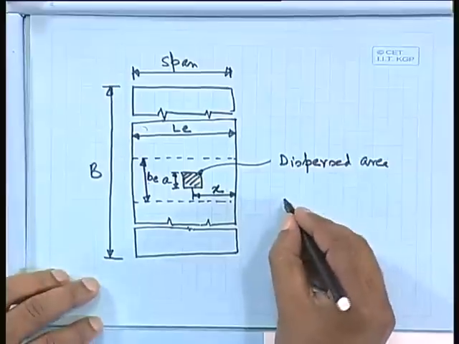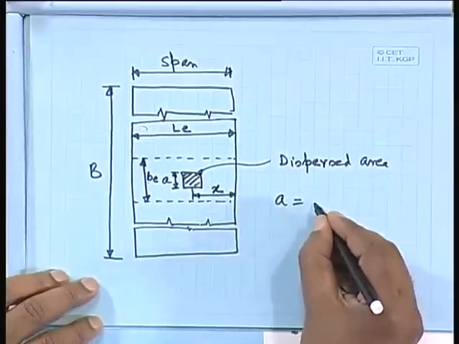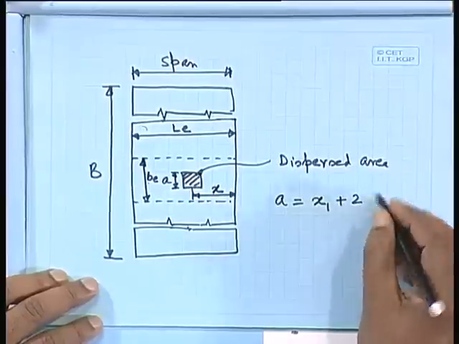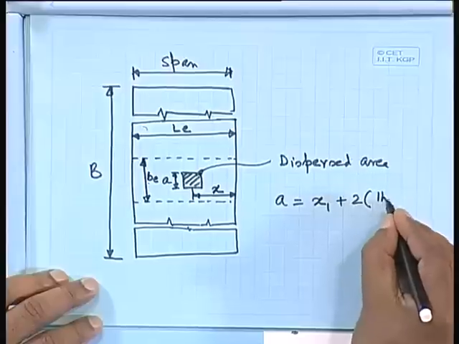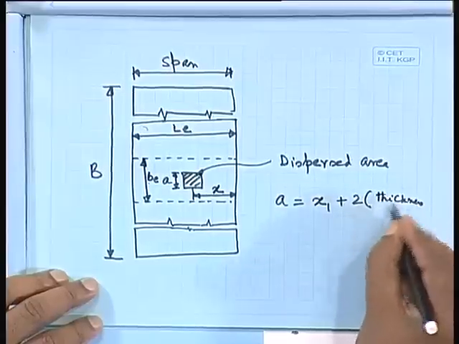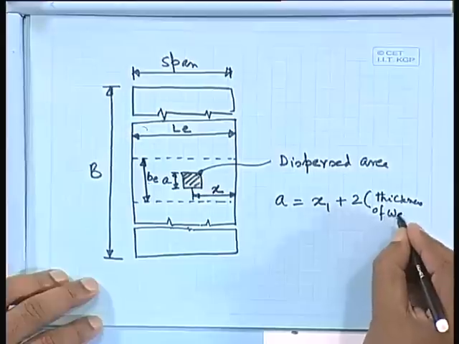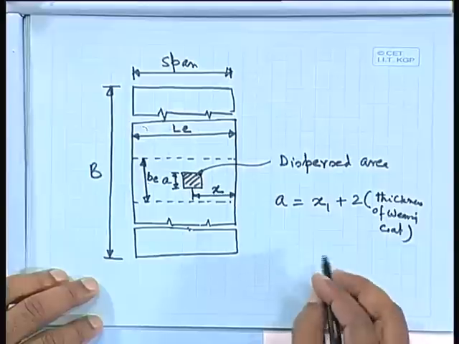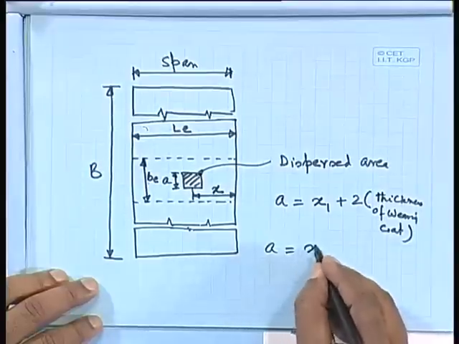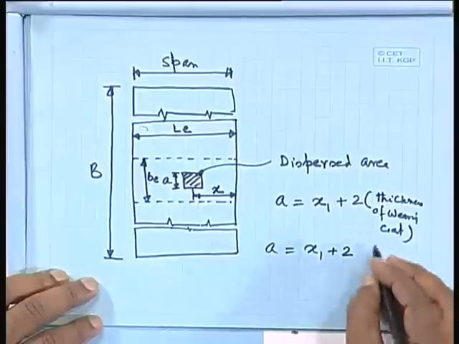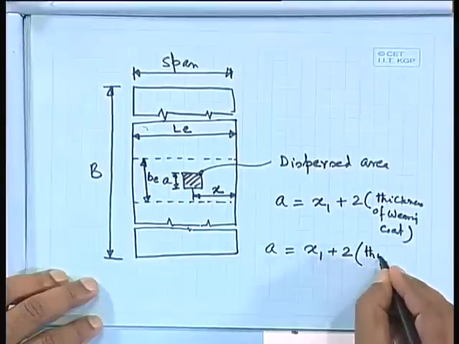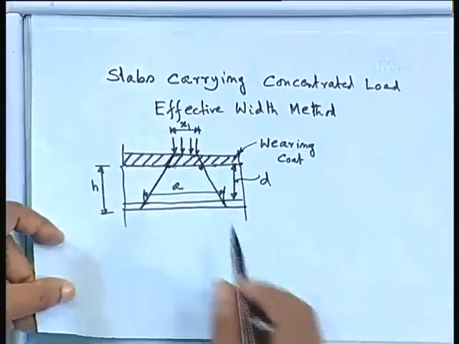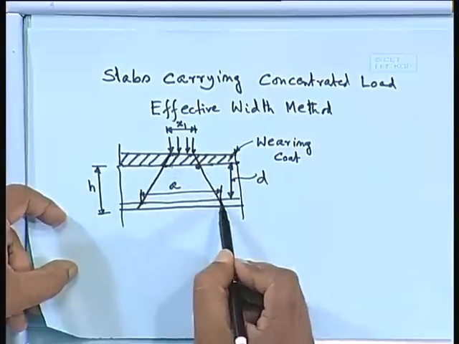We can write A equal to x1 plus twice the thickness of wearing coat, or we can write A equal to x1 plus twice the thickness of wearing coat plus D. There are two options I have told: either it could be up to this, or it can go up to the effective depth.